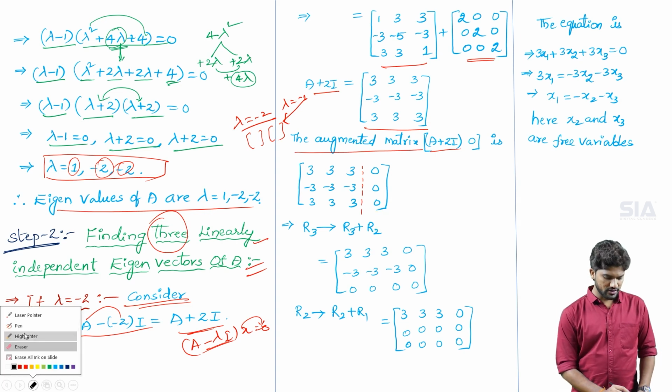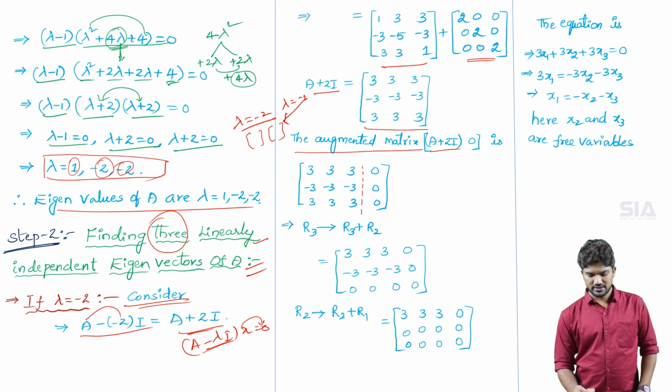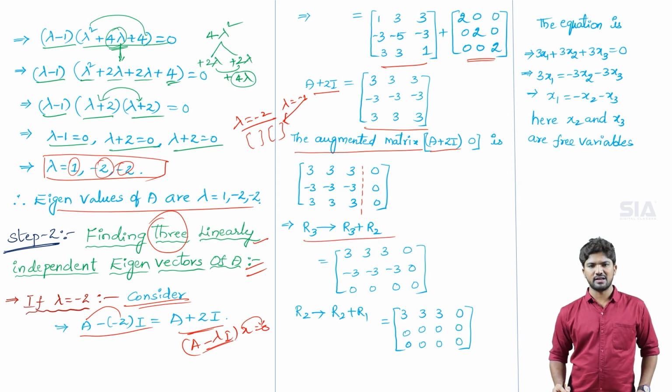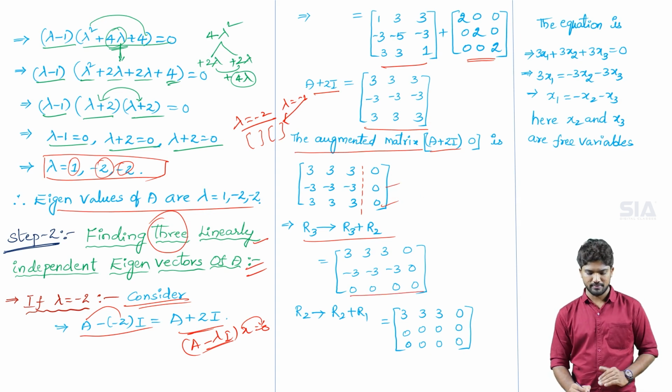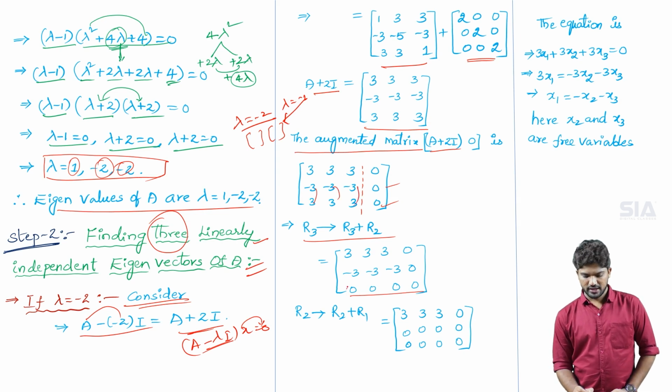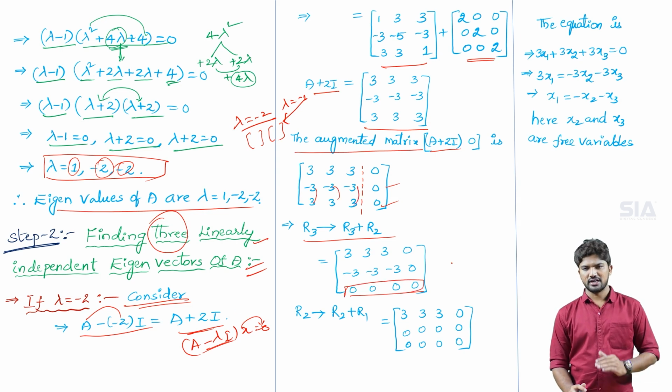Next, by applying the row operations, here R3 implies R3 plus R2. If you add R3 with R2, then the total row 3 will become 0, because plus 3 minus 3, plus 3 minus 3, plus 3 minus 3, all will become 0. So the total R3 becomes 0.